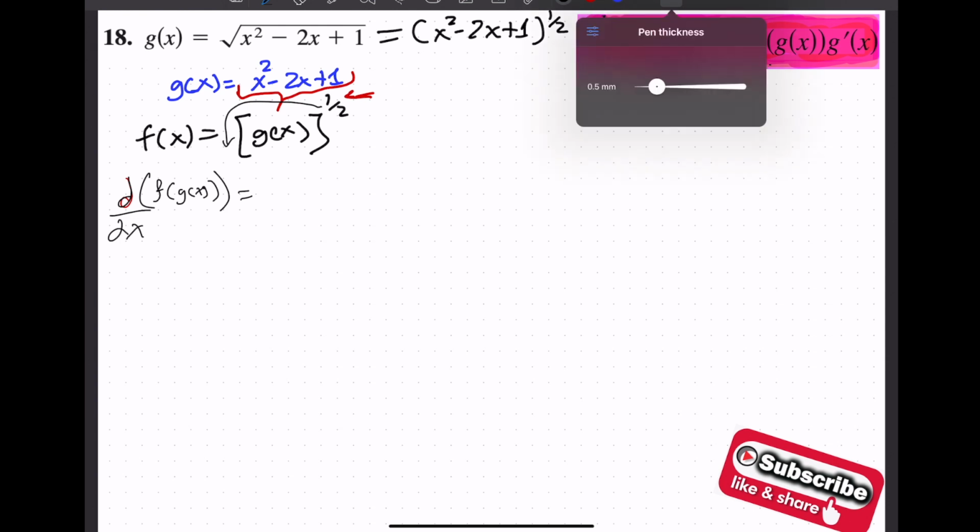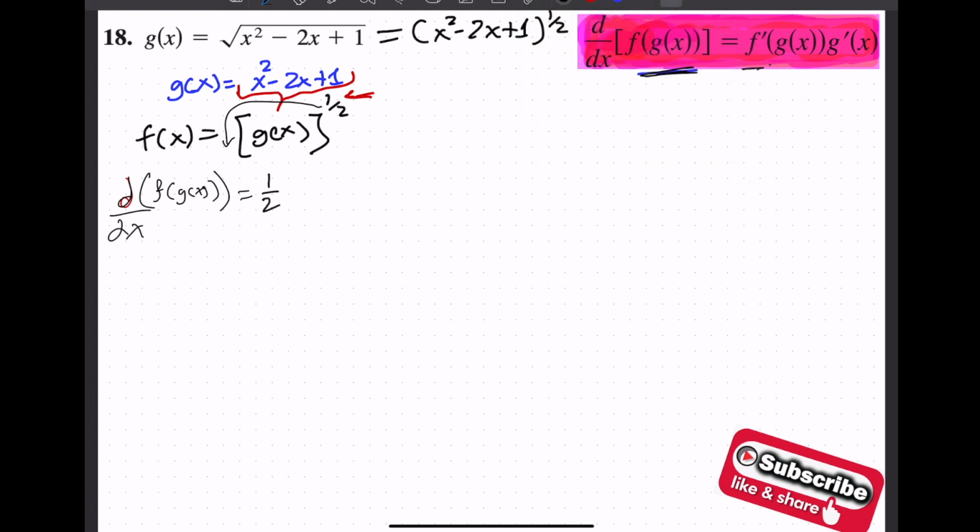So that will be 1/2. We keep g just as it is, which is x squared minus 2x plus 1 within parentheses, and then the 1/2 power, and we need to subtract 1, which gives us a power of negative 1/2. Then we need to multiply by g prime. So we take the derivative of g, which gives 2x minus 2.